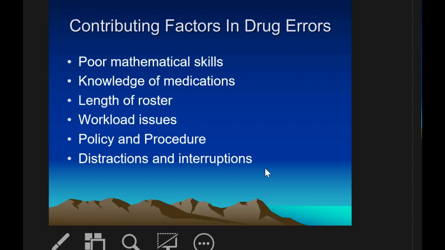That's why policies and procedures matter. Many drug errors arise as a failure to follow policy, and that's why I keep stressing the importance of not taking shortcuts, because that's when mistakes occur. Things like distractions and interruptions depend on the nature of the clinical setting, where there's a rapid turnover and rapid changes in patient condition.